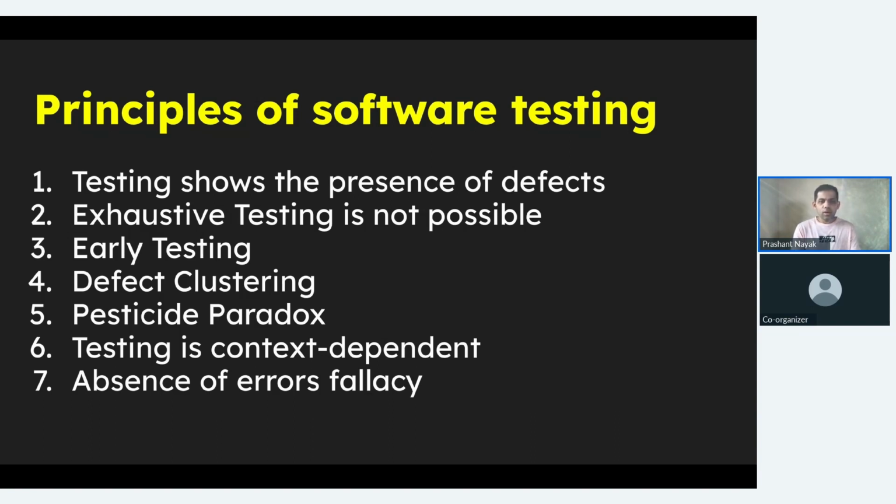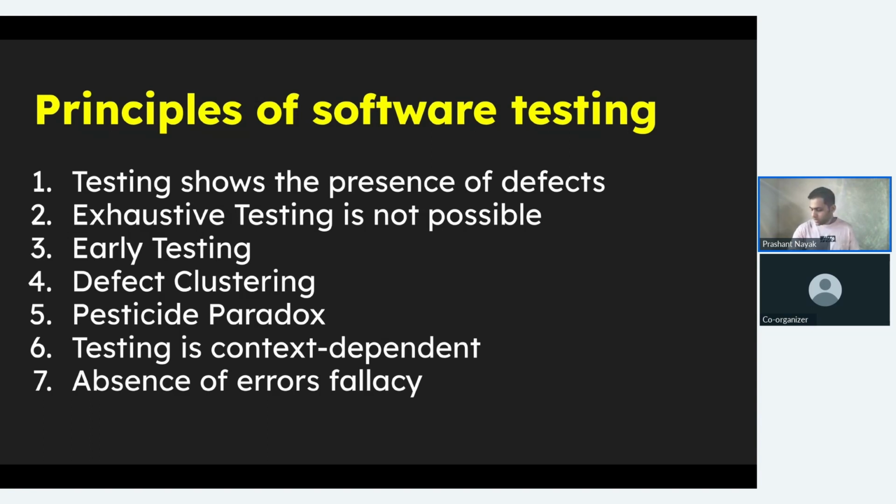But if you keep on repeating the same set of test cases every now and then, there will be a point where you will not find any defects. That's the reason why it is very important to keep reviewing the test cases, and keep making sure that the workflows and the test data are updated, in order to find new defects.